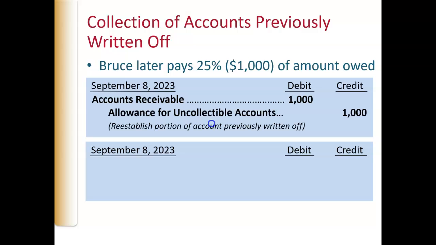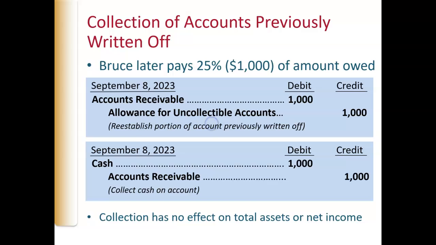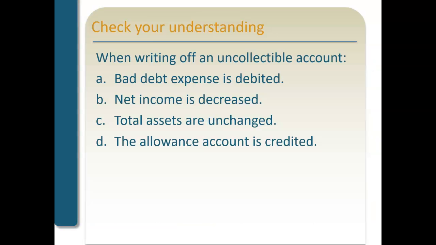So we debit the accounts receivable of $1,000, credit that allowance, and then take his cash and credit the receivable. In case he ends up being a miracle for 25% of it. When writing off an uncollectible account, total assets are unchanged. Okay?